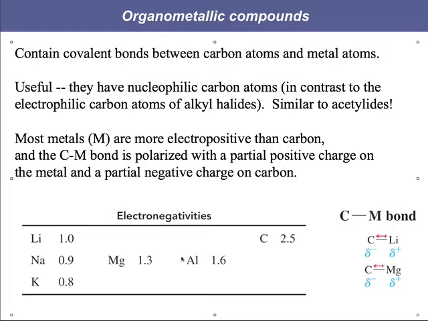Aluminum 1.6, magnesium 1.3, lithium, sodium, potassium around 1. Those are significantly more electropositive than carbon. So when we have that carbon-metal covalent bond, the polarity of the bond is reversed from what we're normally used to. That puts significant negative character on the carbon and makes it very nucleophilic.